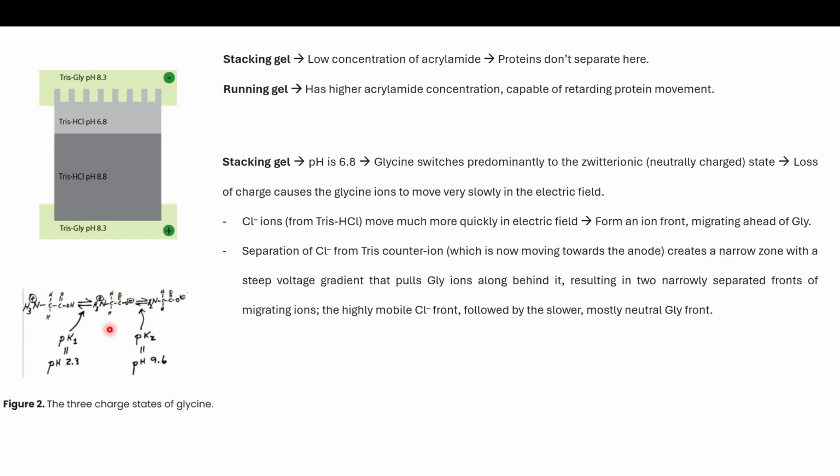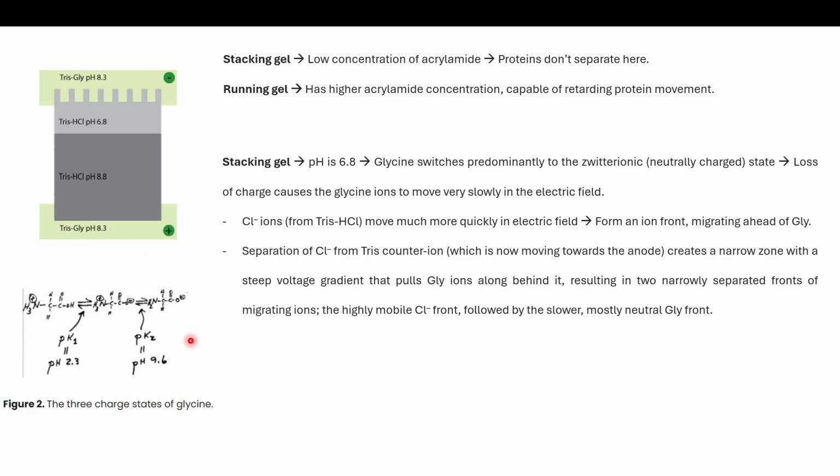In its zwitterionic state, that amino acid won't be moving anywhere under the electric field, because it has no preference towards any electrode. But as you increase the pH further, the H plus ion concentration is too low and OH minus is higher, so H plus goes away from the NH3 plus moiety, forming NH2, and COO minus has already given its H plus away.